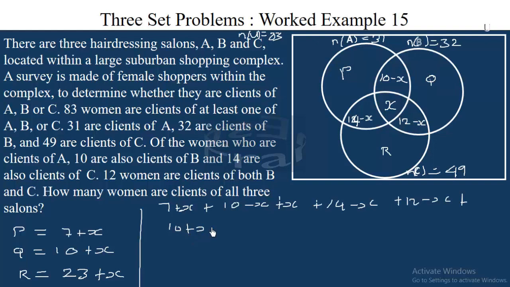Then we have plus 23 plus x. So we should obtain 7 terms, 1, 2, 3, 4, 5, 6, 7, is equal to 83.